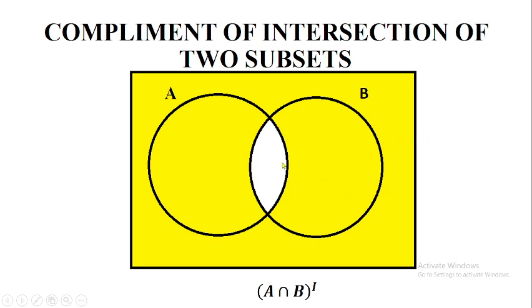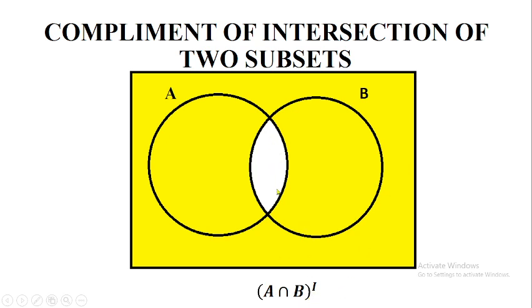Now, this place is the intersection between set A and set B. Every other element aside from what you have here is the complement of A intersection B. All the elements in this colored area represent (A intersection B) complement.